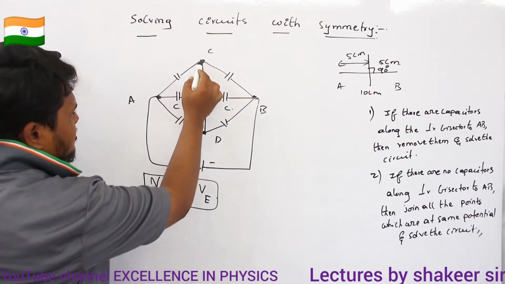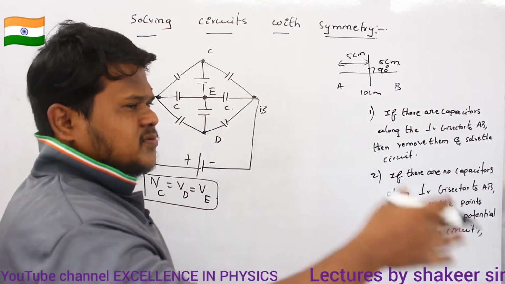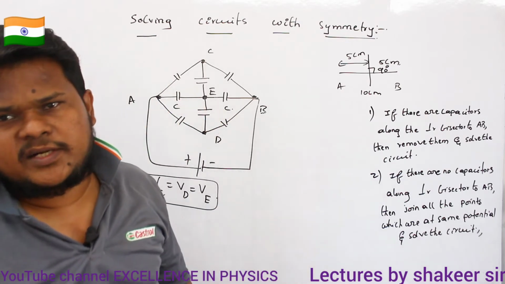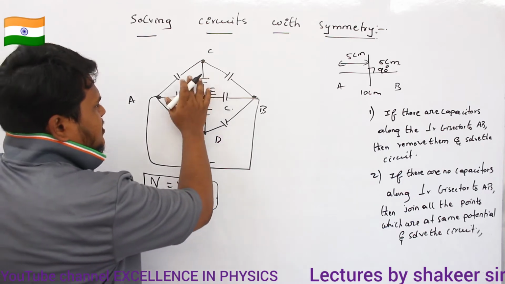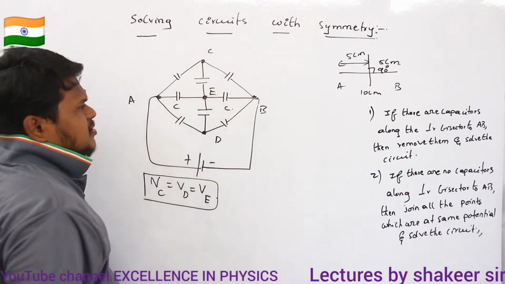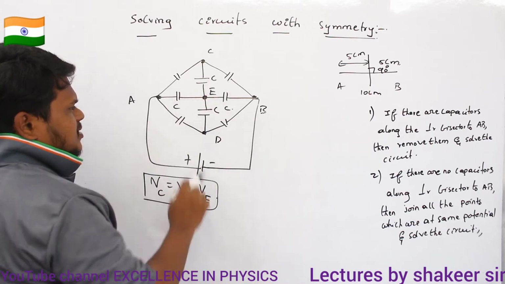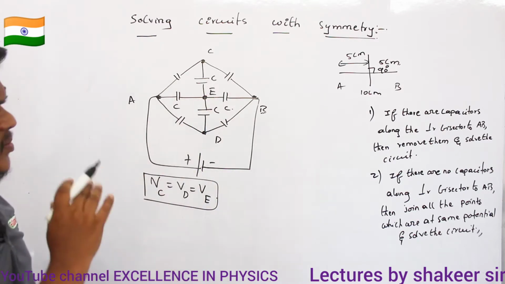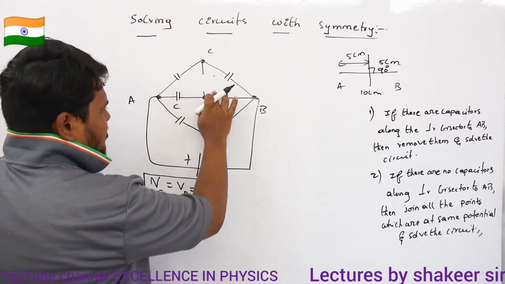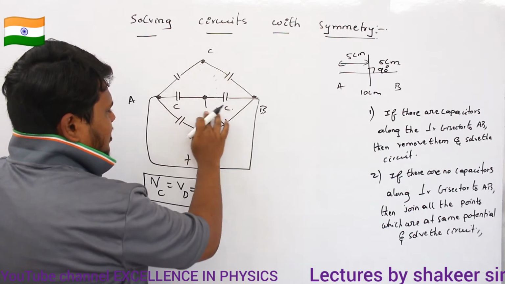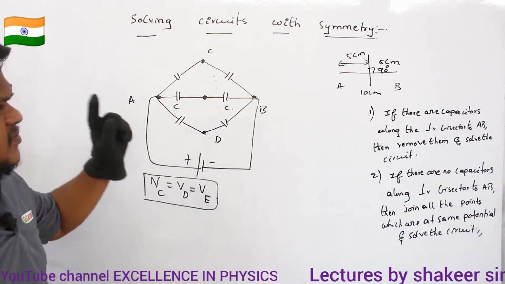The reason is that this point and this point are at the same potential, but for a charge to pass through a capacitor, definitely some potential difference is required, and the potential difference here is not present. Therefore, these capacitors are useless. So this capacitor C and this capacitor C are useless. You better remove them because they are not at all useful. Even if I remove them, the total capacitance is not going to change in this condition. So this is one method of solving.